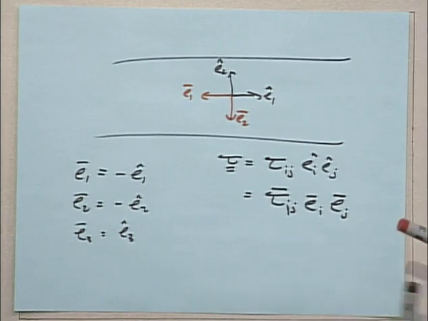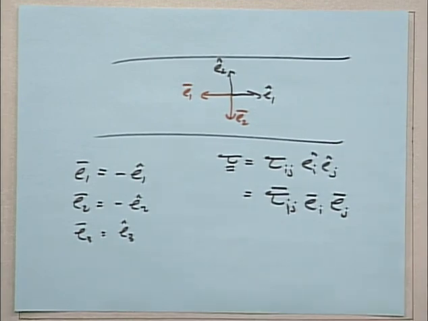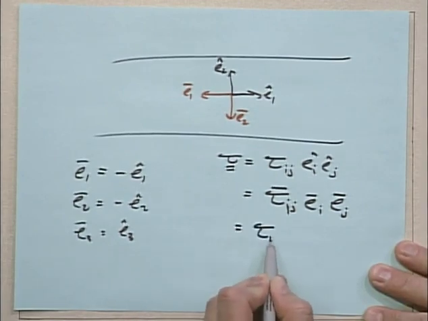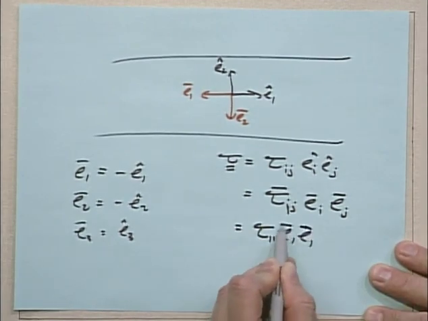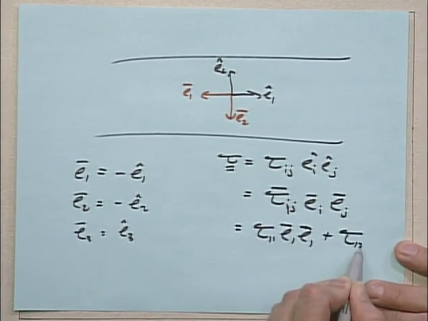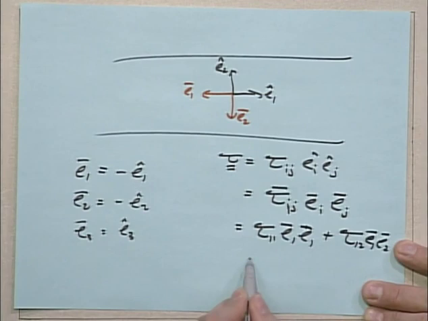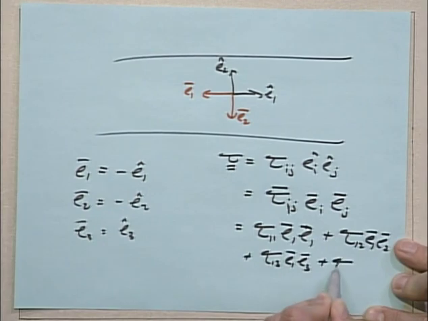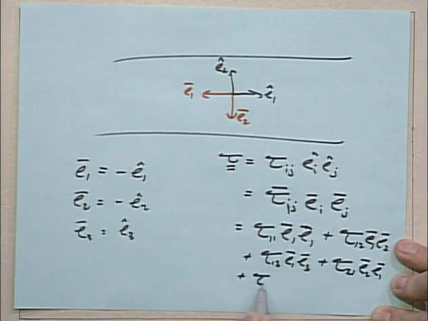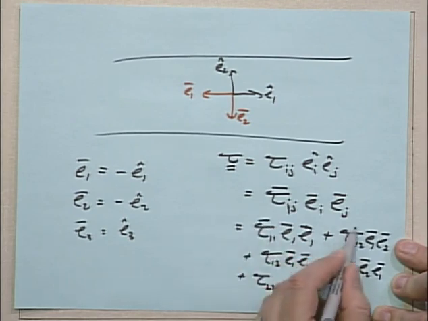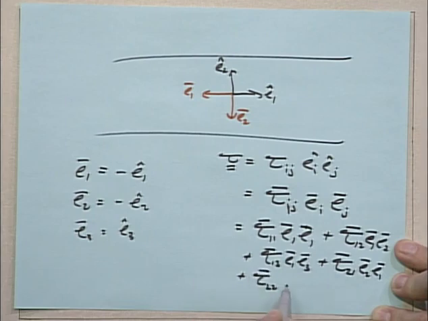Now I'm going to do the calculation like we did it in the homework. This is tau 11 E1 E1 bar plus tau 12 E1 E2 bar plus tau 13 E1 E3 bar plus tau 21 E2 E1 bar plus tau 22, these are all with bars on the top here, etc. E2 E2 plus.